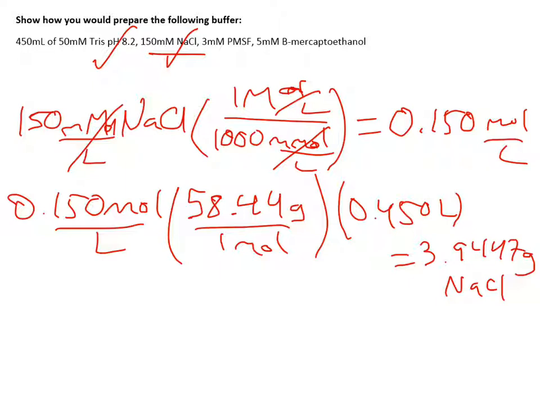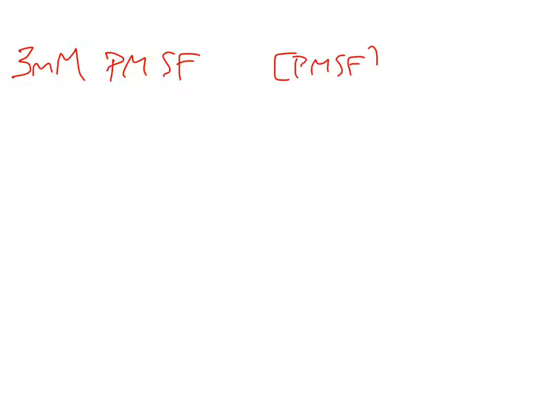So let's work on our PMSF. Okay, so we need to make a 3 millimolar PMSF, and our stock of PMSF is at 0.1 molar. So all we're going to be doing is diluting our stock, which is already a solution, down to a concentration.